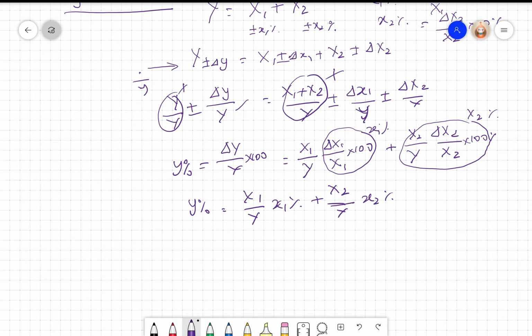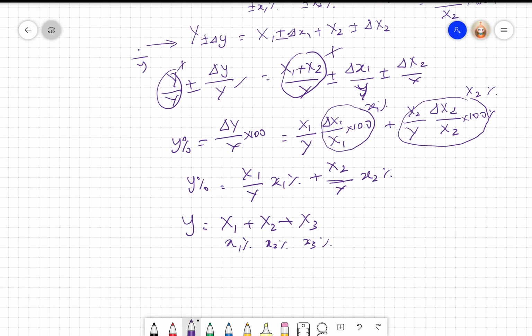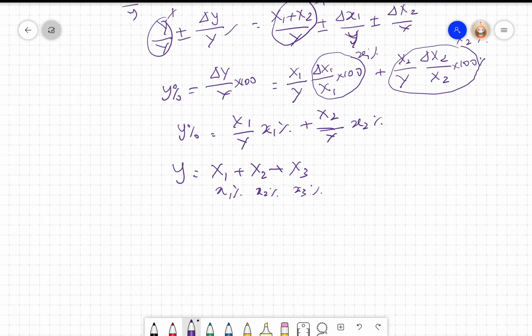So if I now have y equal to x1 plus x2 plus x3, where x1, x2, x3 are measured variables with error x1 percent, x2 percent, x3 percent. We are talking about systematic errors, not random errors. So we'll have to be very careful with the type of errors.